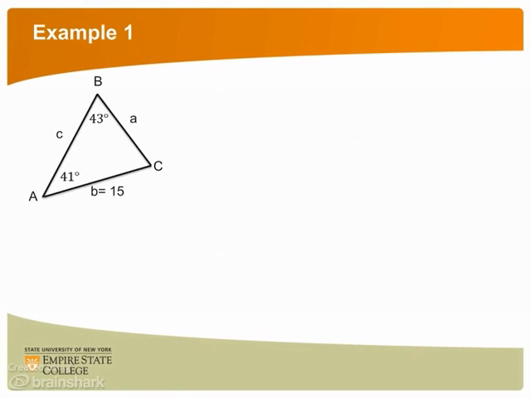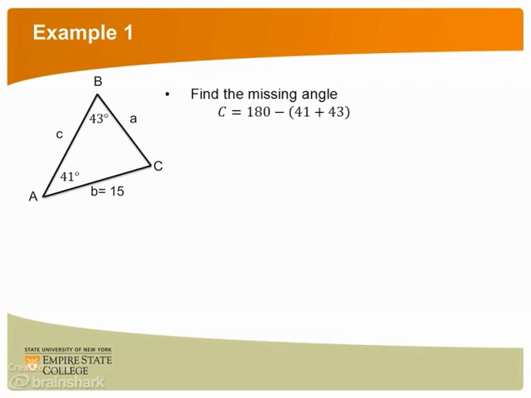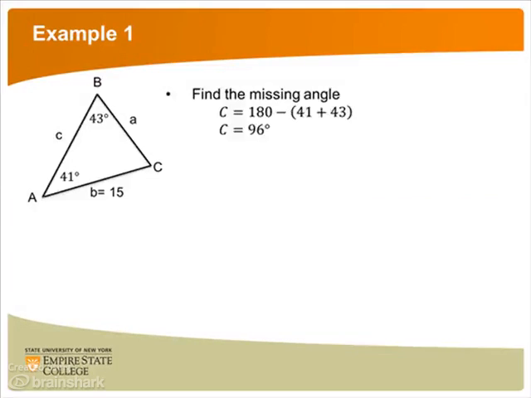How do we proceed? First, we want to find the measure of the missing angle, angle C. We have angles of 41 and 43 degrees. All the angle measures add to 180 degrees. So we add the angles we know and subtract that total from 180. This leaves 96 degrees for angle C.